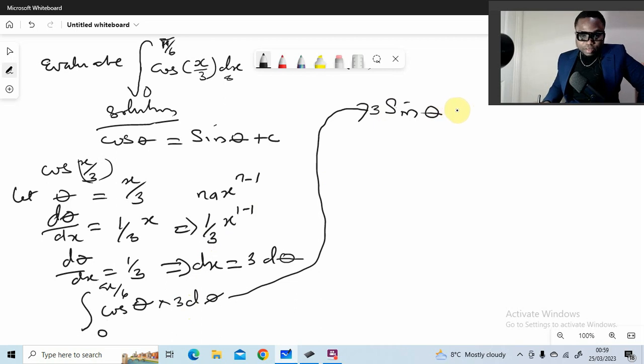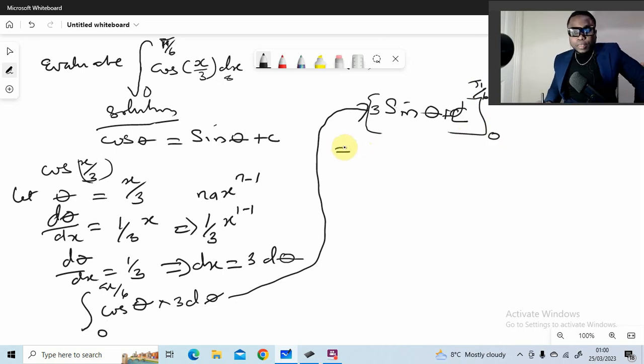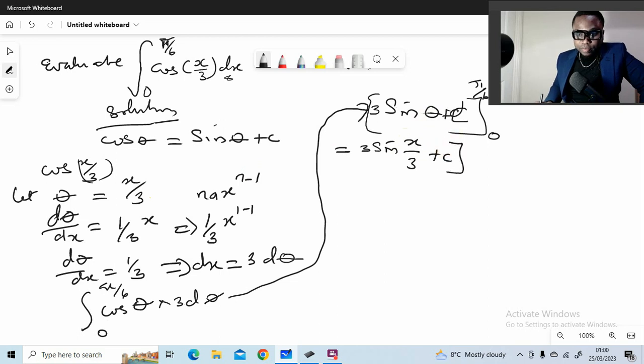So 3 sin theta plus c, upper limit pi over 6, lower limit 0. Remember that the value of theta is x over 3, so you bring it back: 3 sin of x over 3 plus c. That's what we're having now, with limits pi over 6 and 0.